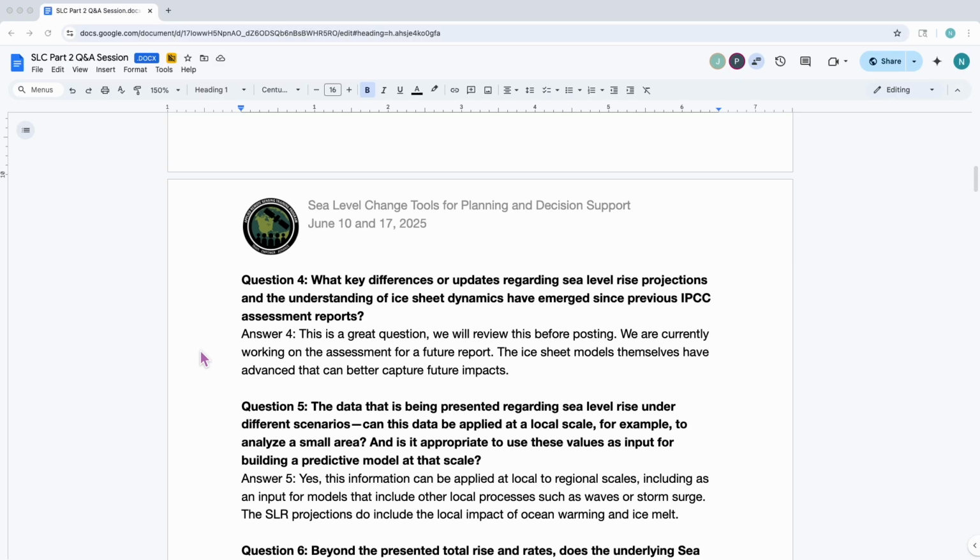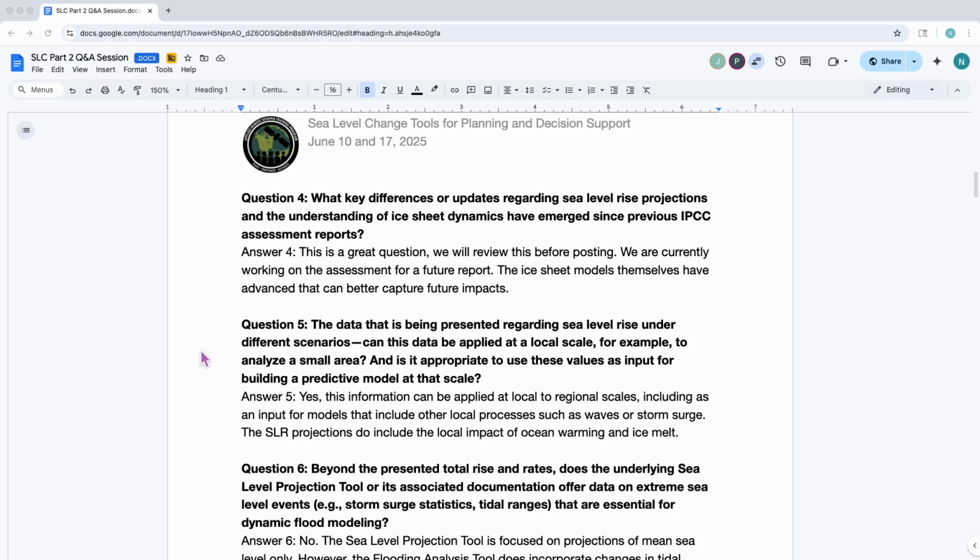Great, thank you, Phil and Denis. Question number 4. What key differences or updates regarding sea level rise projections and the understanding of ice sheet dynamics have emerged since previous IPCC assessment reports?